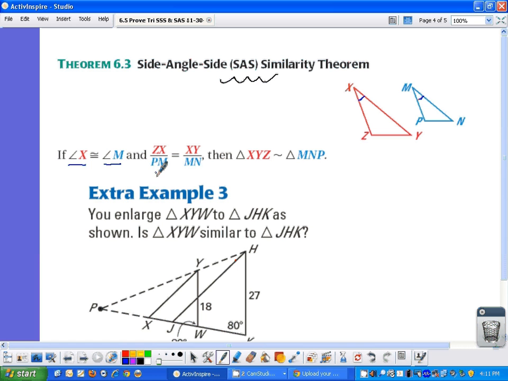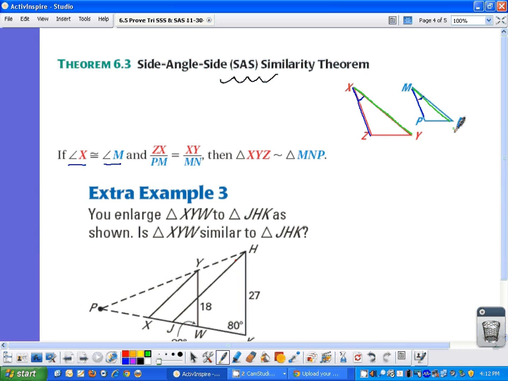And the ratio of side ZX to PM, these corresponding sides of the triangle, is in proportion to the ratio of side XY to MN, these corresponding sides.